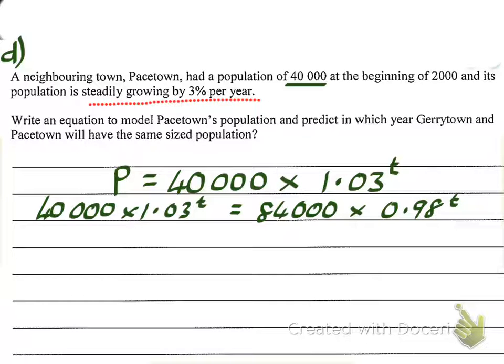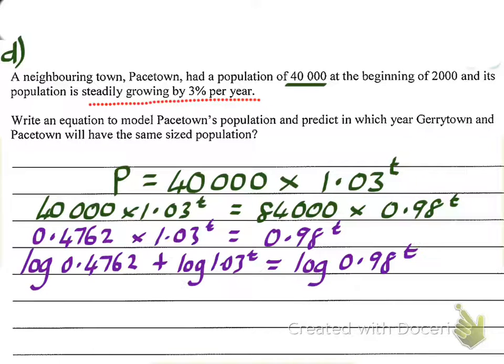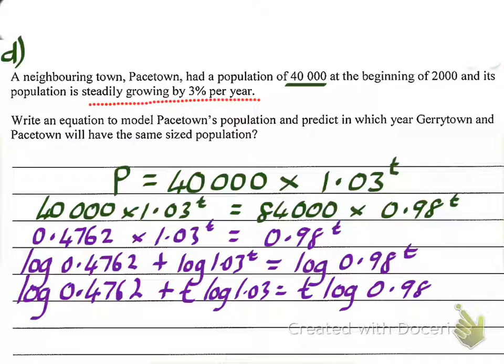Instead of doing it this way, you could do guess and check on your calculator, but I'll go down this track. Next, divide by 84,000. Take the log of both sides, bring the t's out to the front, and shift your t log 1.03 to the other side.